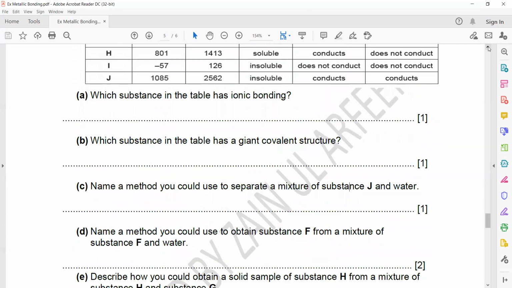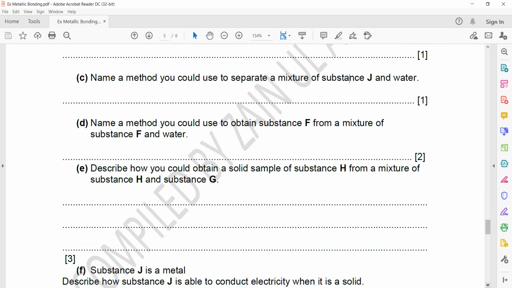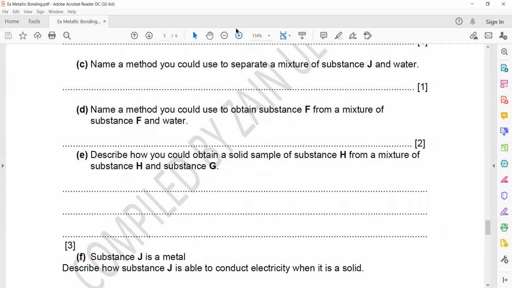So we have a mixture of G and H. G is insoluble and H is soluble. So first we will add water and stir or mix.